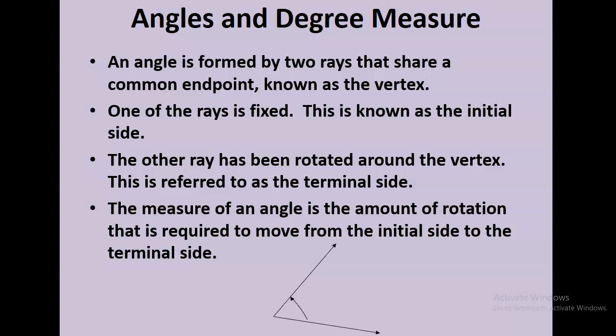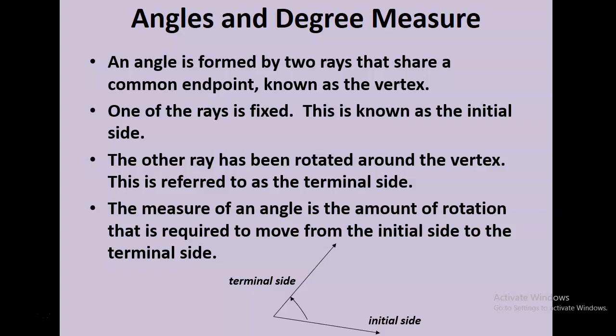Say both of them started in the same location, and the terminal side rotated over a certain number of degrees or a certain distance. That distance of rotation would be the measurement of the angle.